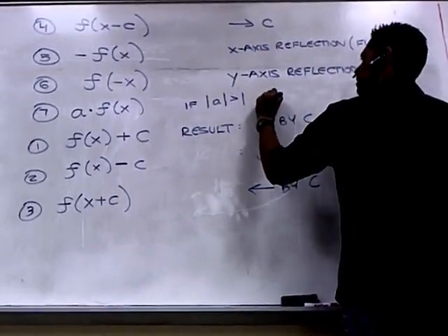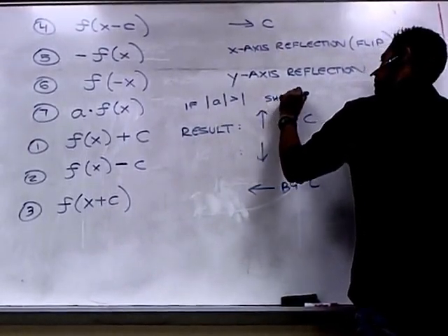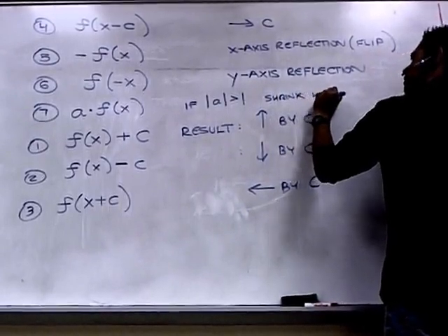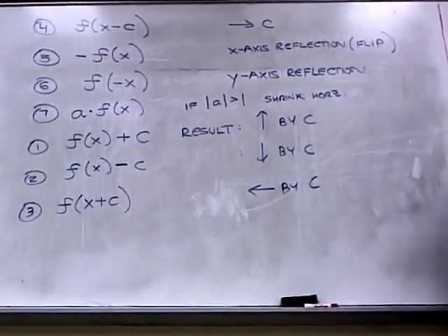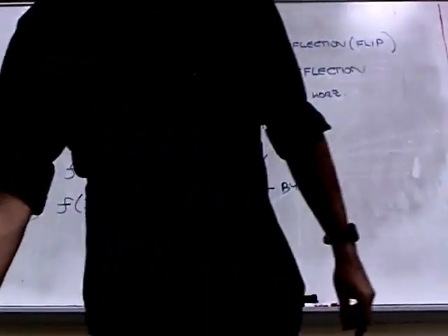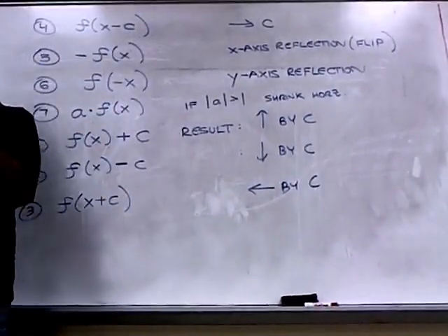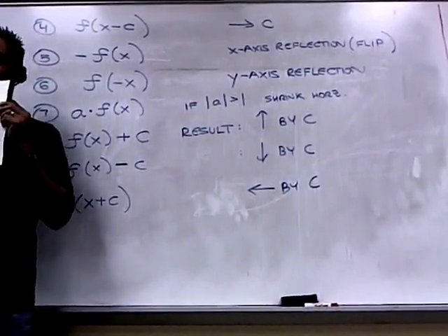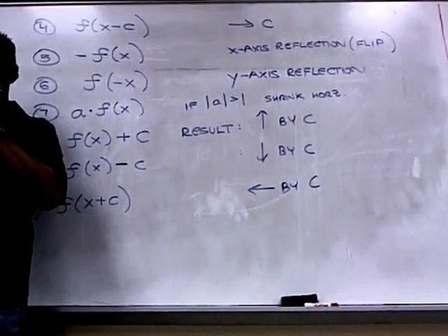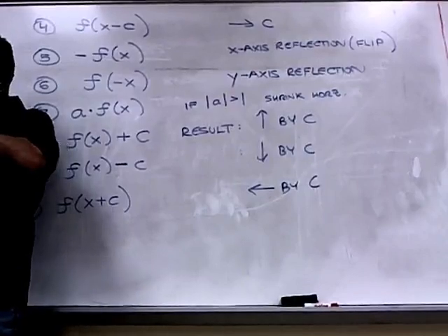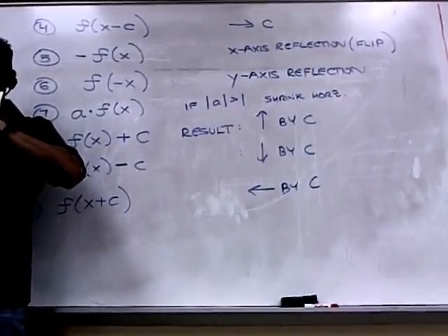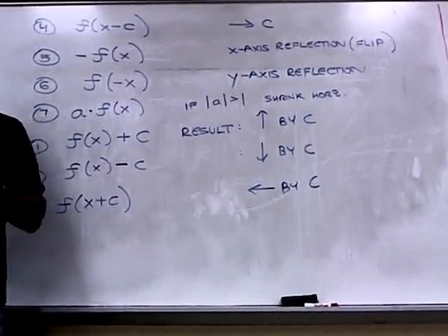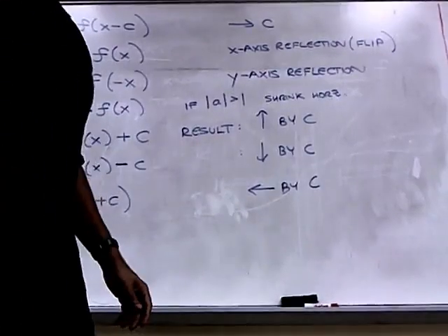You shrink horizontally. What do I mean by that? If I said take this parabola and shrink it horizontally, what do I mean by that? Push it like this, okay? Which is going to make it look more narrow, right? That's the idea if the number is bigger than 1.